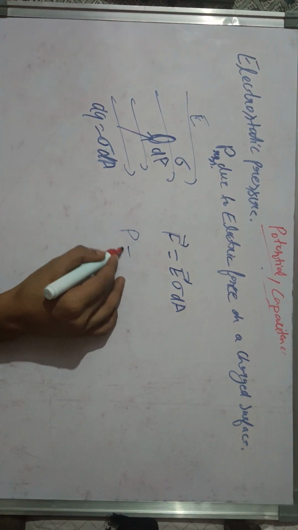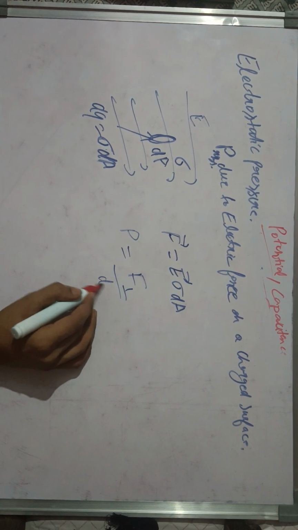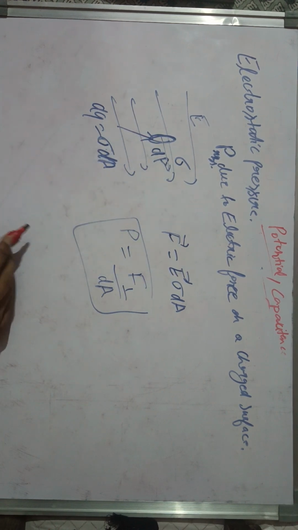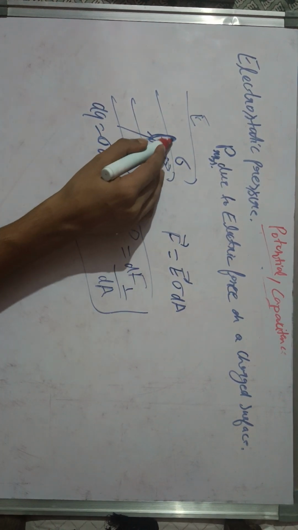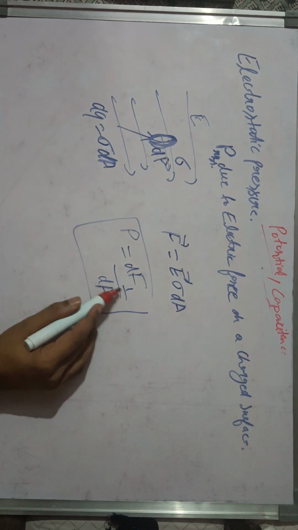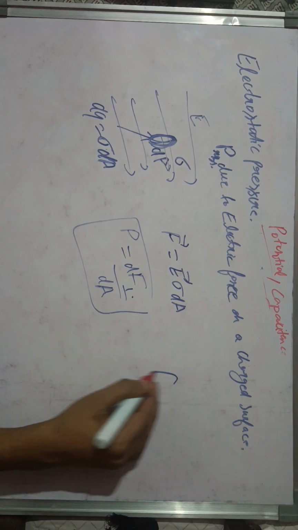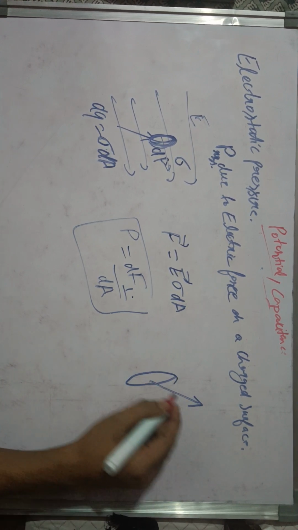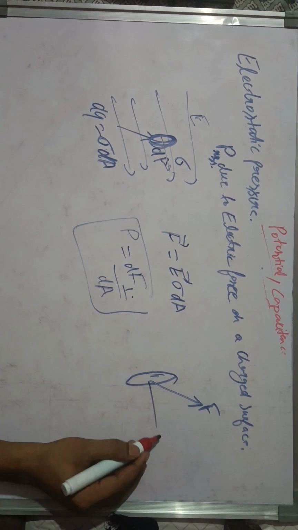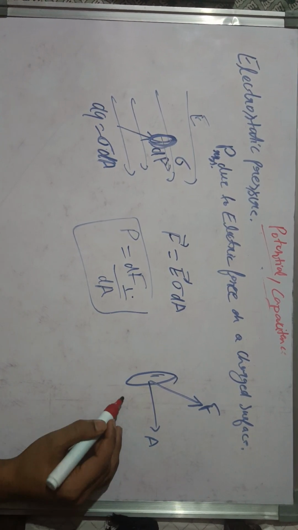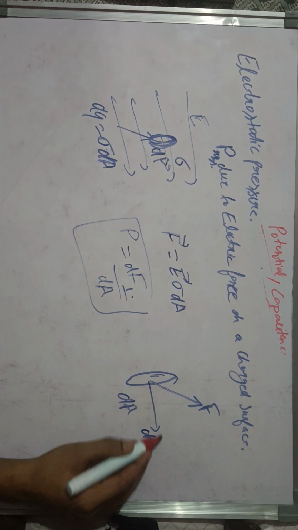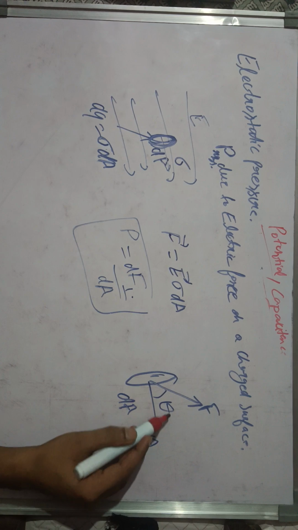So the equation of pressure is F perpendicular divided by dA. It is the small force acting perpendicular to the surface over this area. Let's say there is an area here and there is a force F all over this surface, and this is the area vector, with area value dA. This area vector makes theta angle with the force.